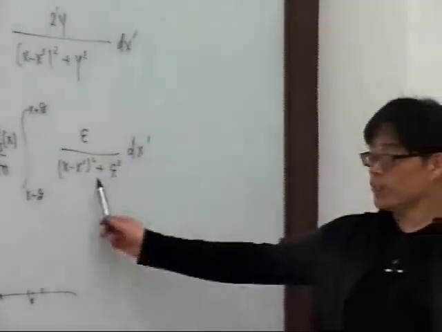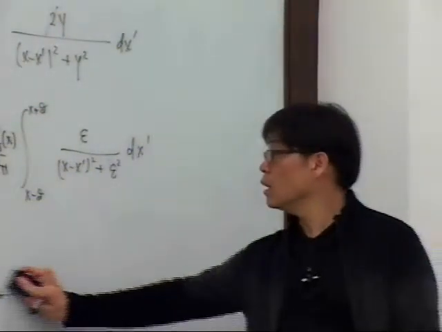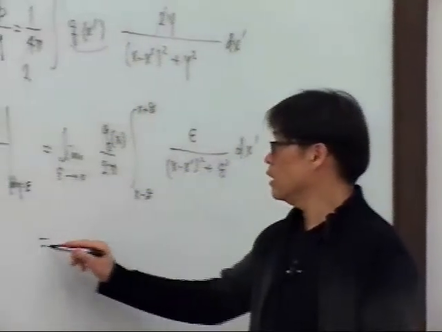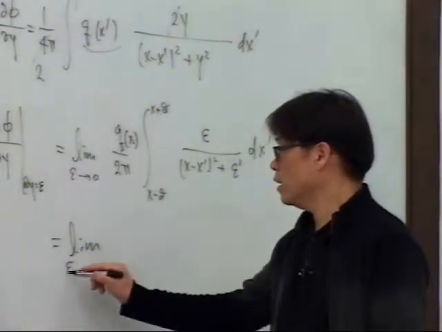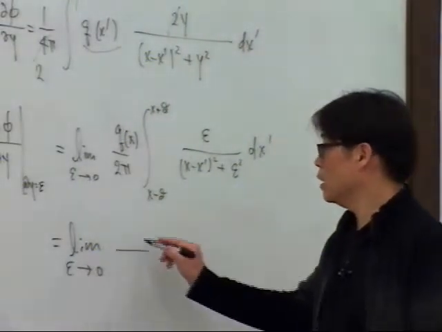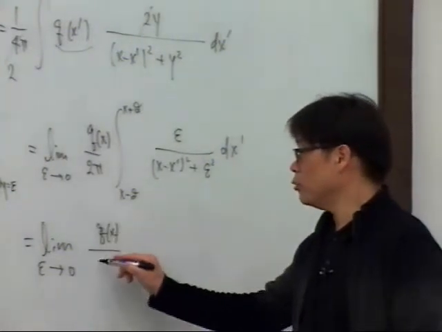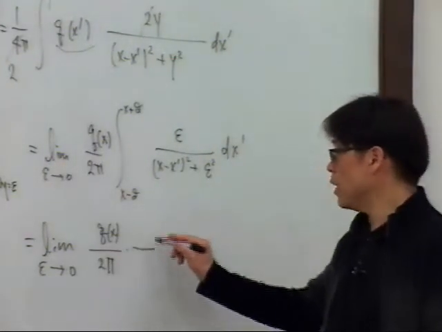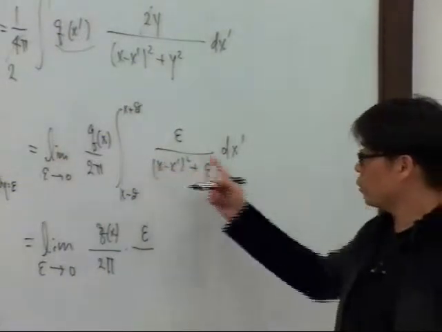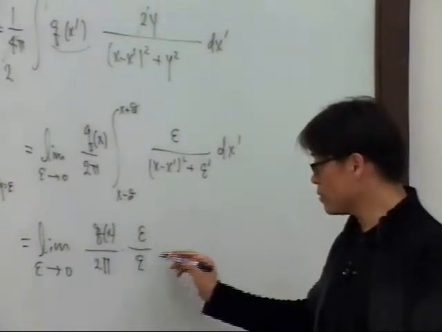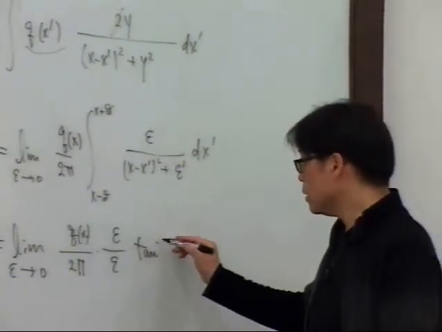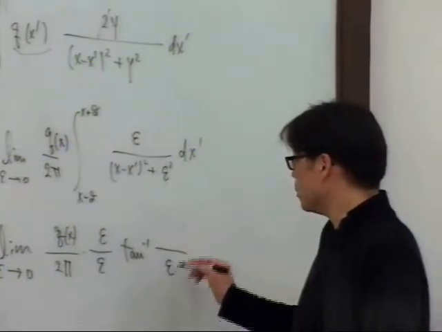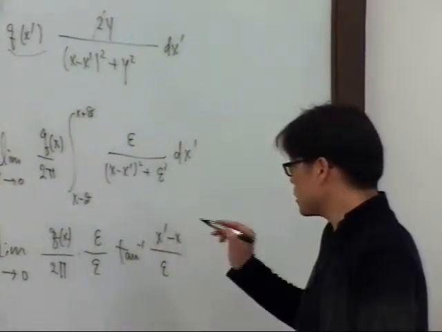Now I can integrate this, which is divided by 2 pi, and this is epsilon here, and then what I have here is 1 over epsilon times arctangent of x prime minus x over epsilon.